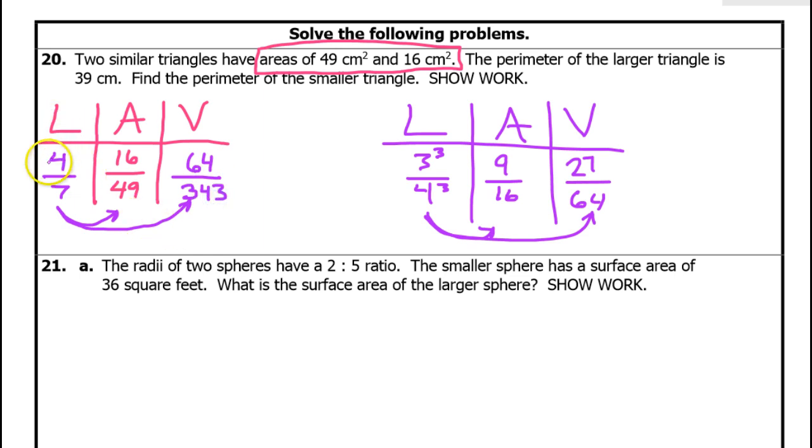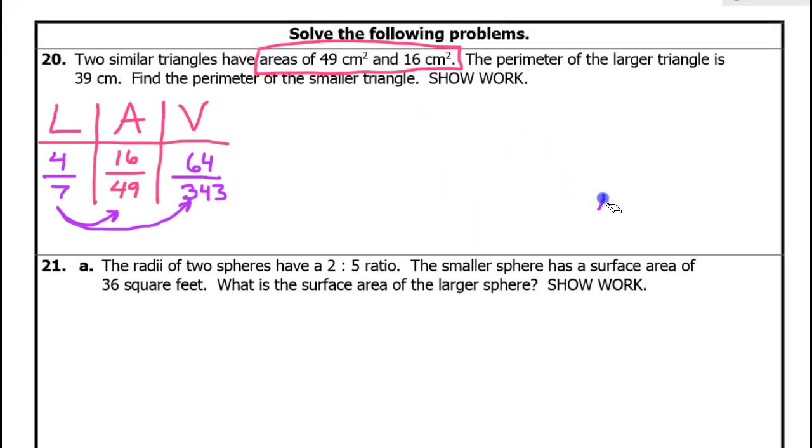Okay, so now we have the length scale factor, the area scale factor, and the volume scale factor. We should be able to use these to solve the rest of the problem.